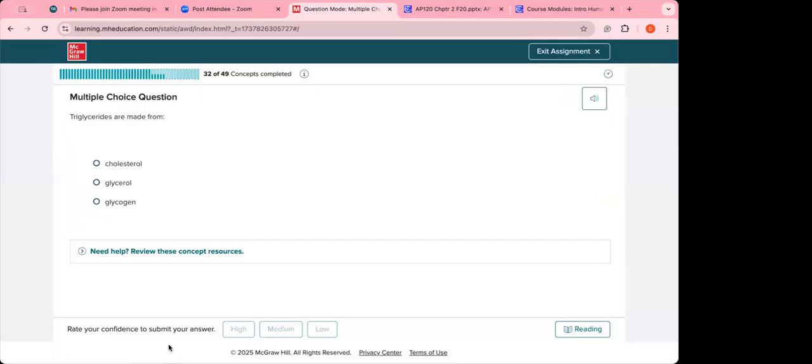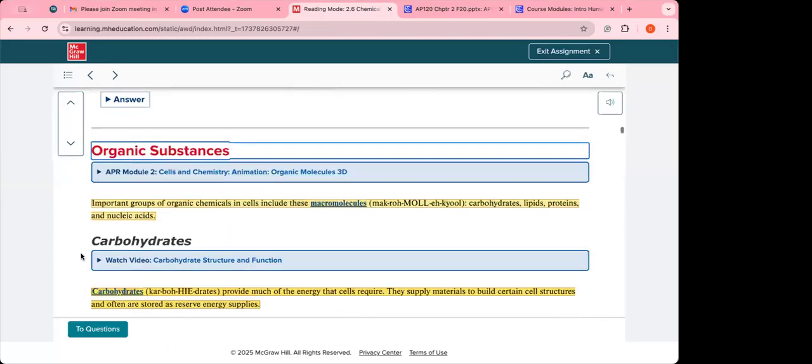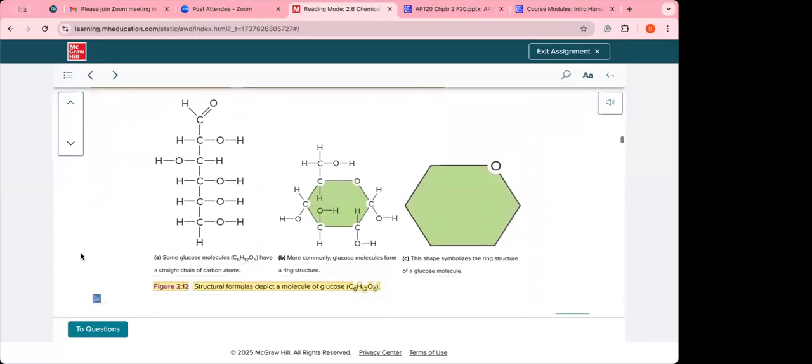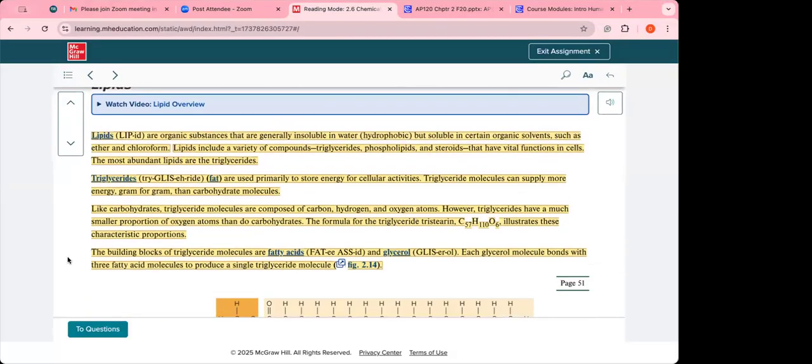Triglycerides are made from cholesterol, glycerol, or glycogen. Okay, we need to go down to triglycerides. Now, triglycerides are composed of carbon, hydrogen, and oxygen.